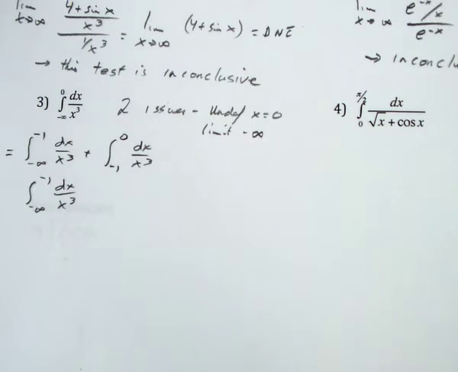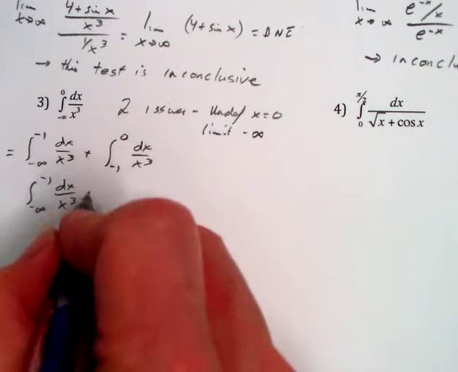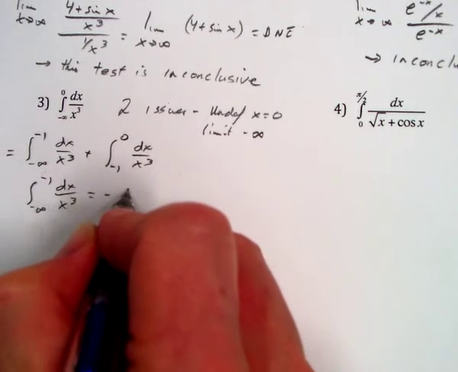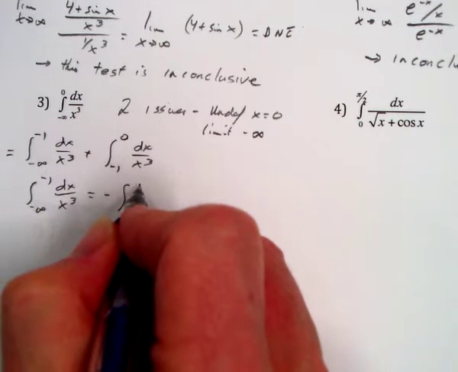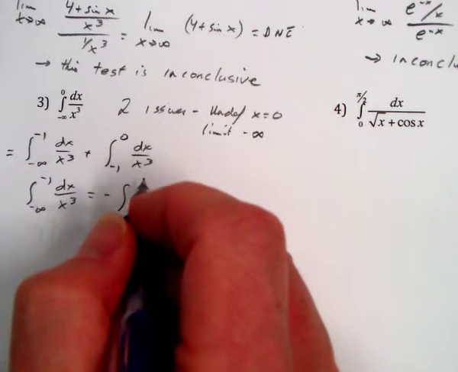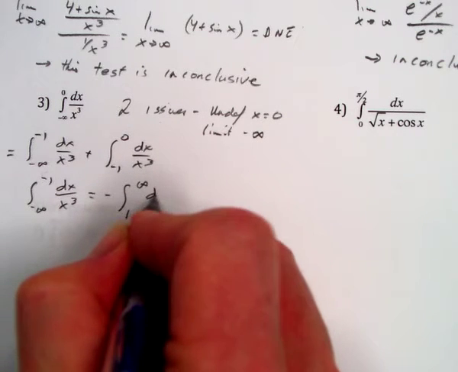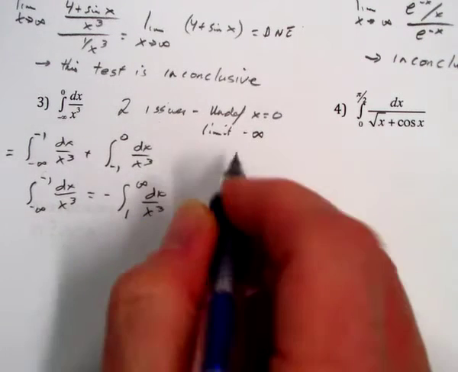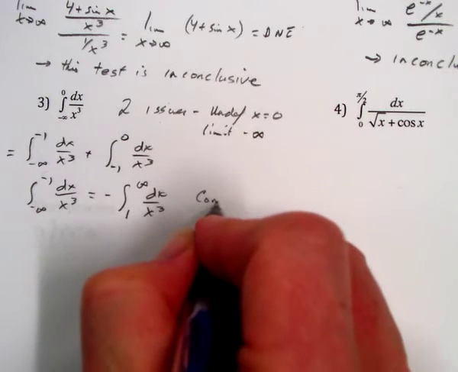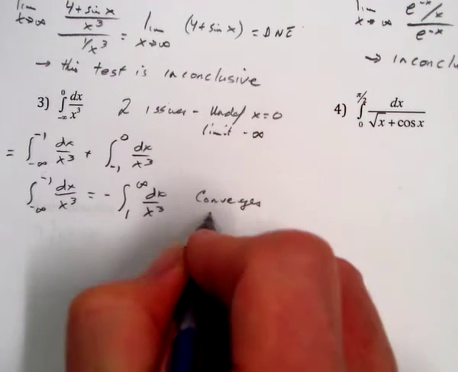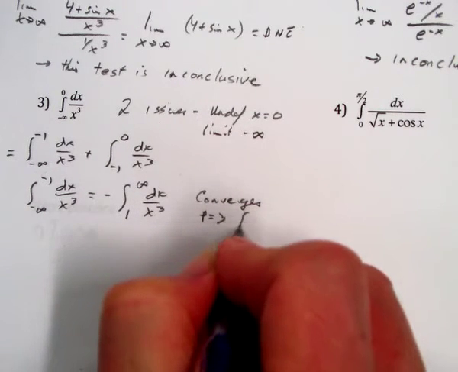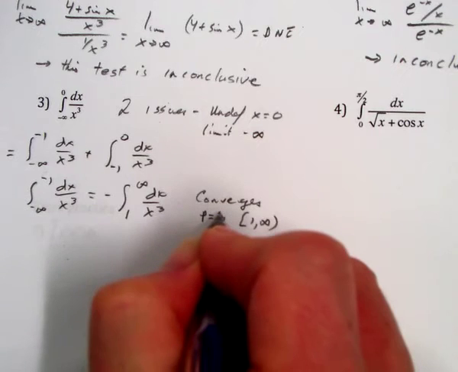Now all of our stuff is dealing with positive values. So by symmetry, this is going to equal negative the integral from 1 to infinity of dx over x cubed. Now this one converges because p equals 3, and we're dealing with this interval from 1 to infinity.